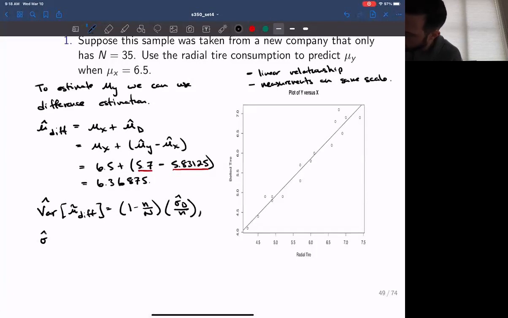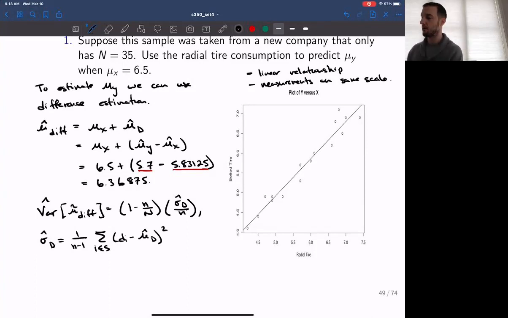Okay, so sigma hat d is going to be equal to 1 over n minus 1 multiplied by the sum from i in s of each di minus mu hat d squared. Okay, so the di, again, are the yi minus the xi for each observation in the data set.